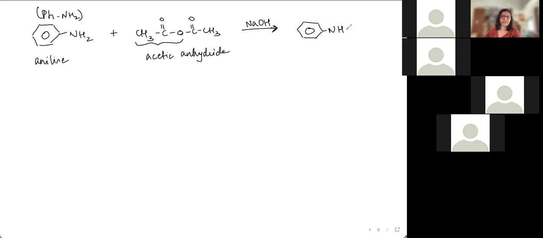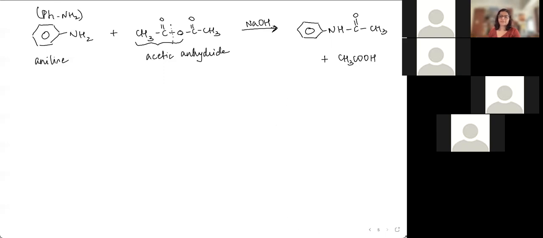So in place of one of the hydrogens, you have C double bond O and whatever is attached to it, so CH3 here. And the rest of it, the bond breaks after C double bond O, and the rest of it forms an acid. Whatever hydrogen you took out of here joins this. So in the previous case it was HCl, here this is CH3COOH.